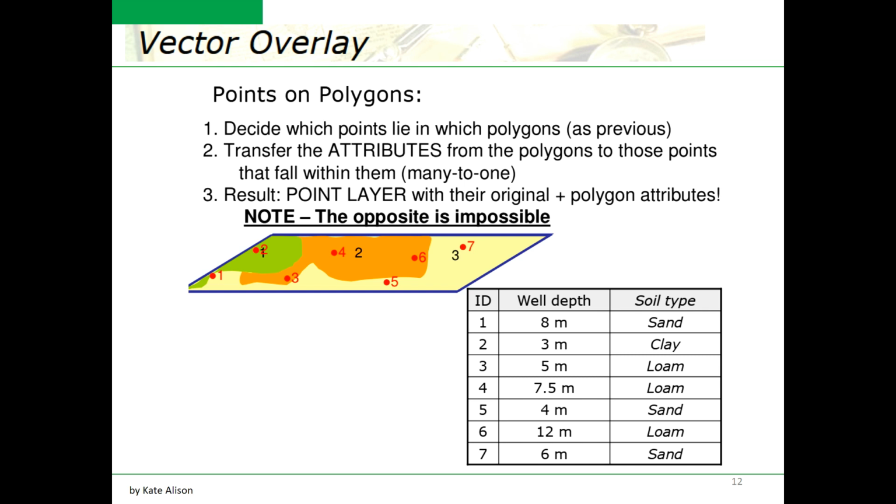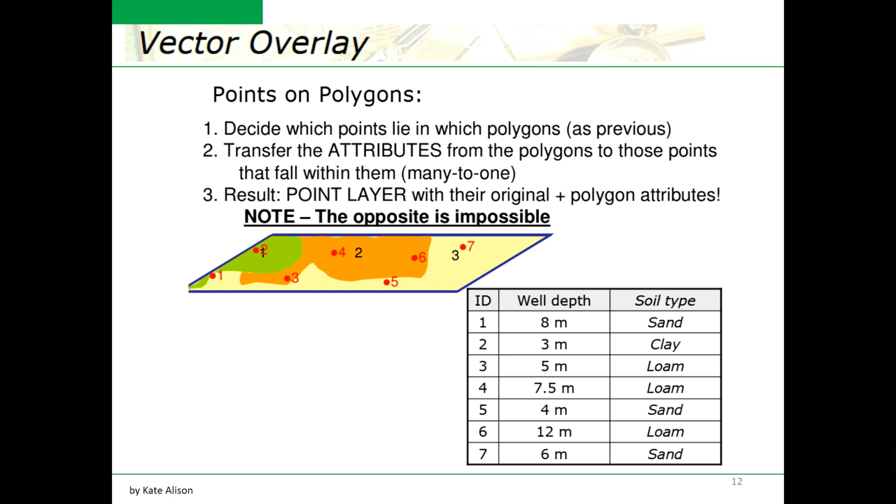So in GIS, the first step in how the algorithm works is that it decides which points lie in which polygons. So the first operation, the intersection between points and polygons, is performed as previously explained. Then all attributes are transferred from the polygons to those points that fall within those polygons.